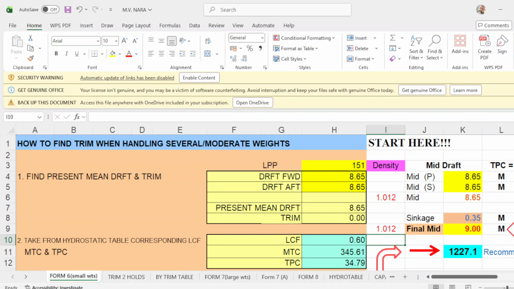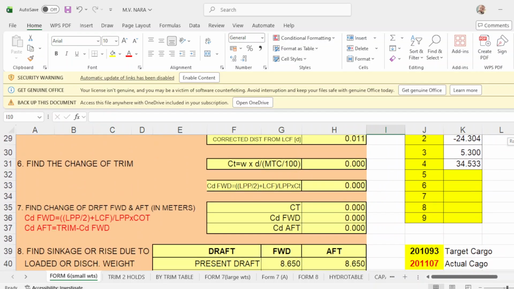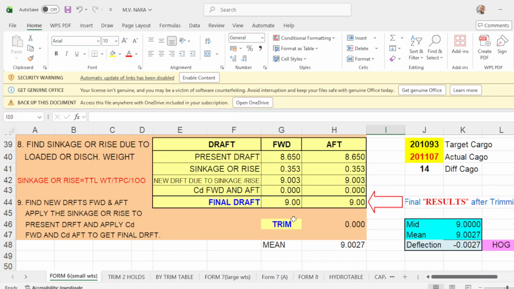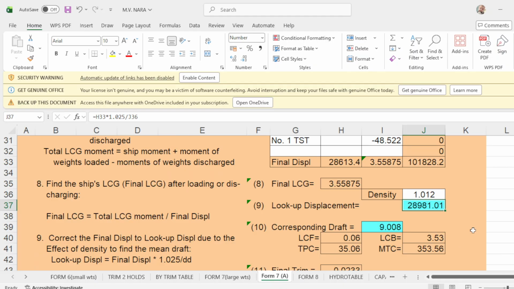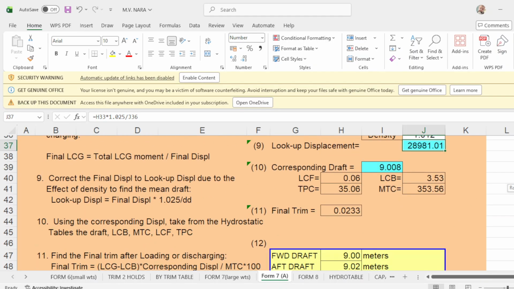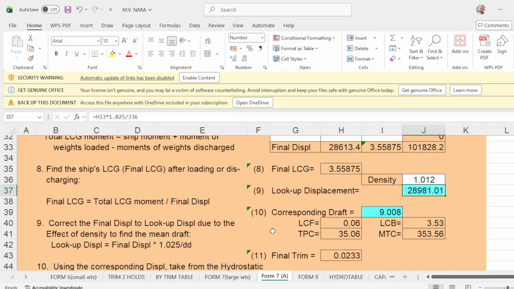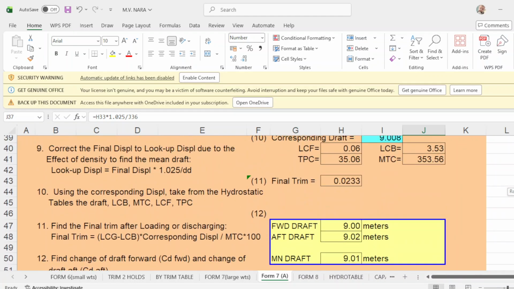Then your drop will be 9 meters even keel. And this one, your mid drop is 9 meters. And here your forward drop is 9 meters, your mid drop is 9.01, and your forward is 9.02.